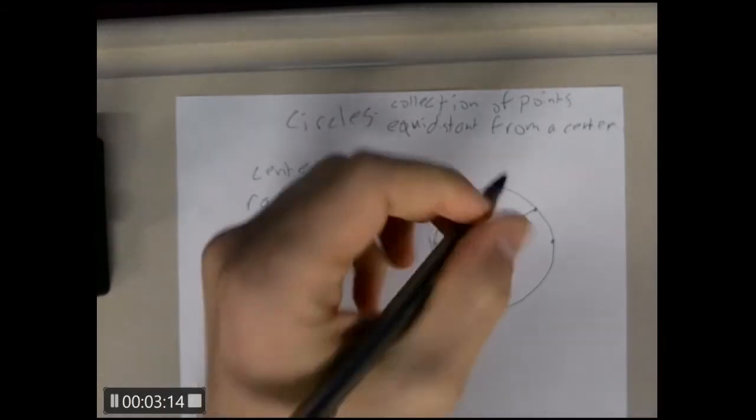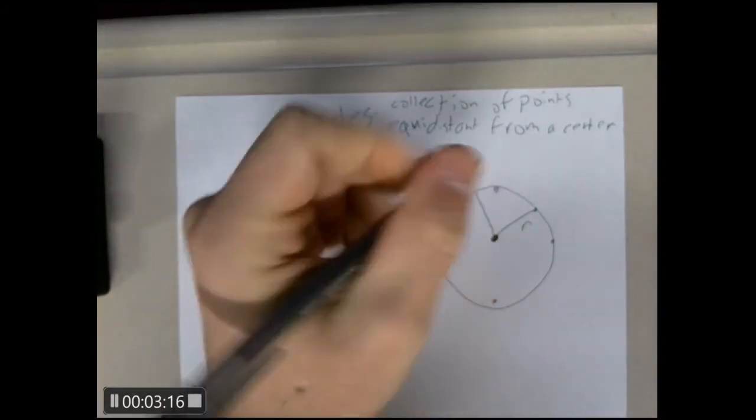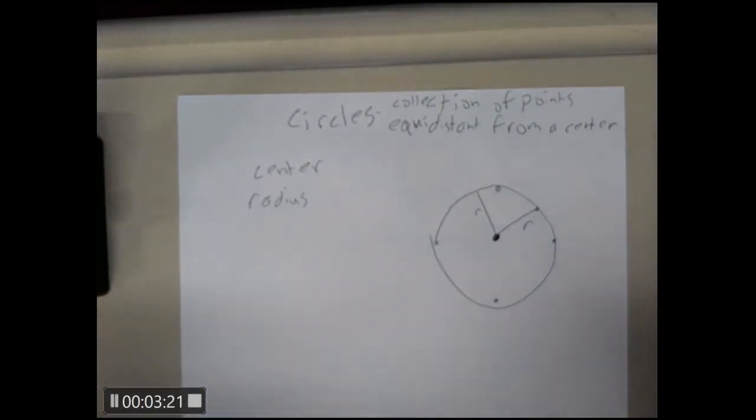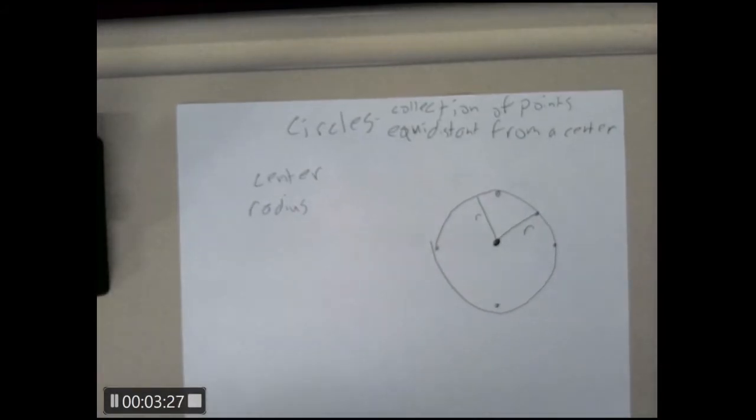And that distance is the same as the distance from center to this point. That's also r away. And we have tons of radiuses. From here, we have various things like a diameter and other things, but really the center and the radius are the two things that we're going to concern ourselves with most right now.